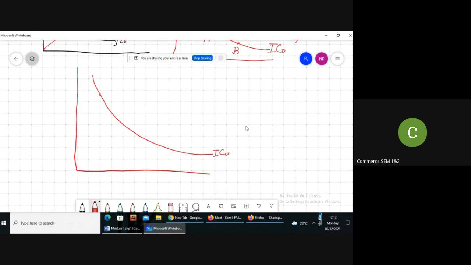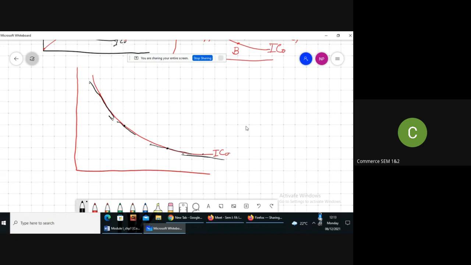Now if you take slope here, at this point, the slope is like this. And if you take slope here, sorry, the slope will be like this. The tangent at this point. And if you take slope here, like this, and at this point, slope will be like this.